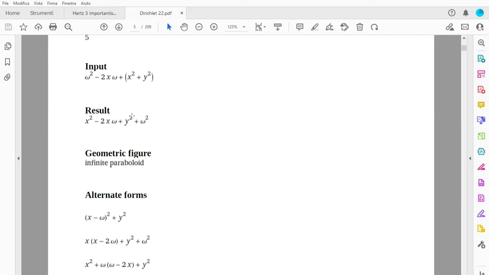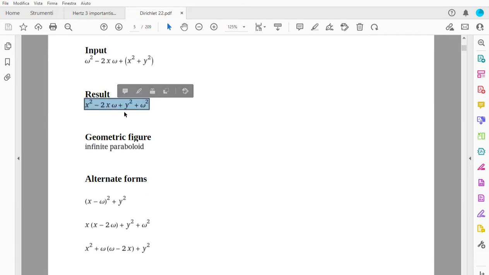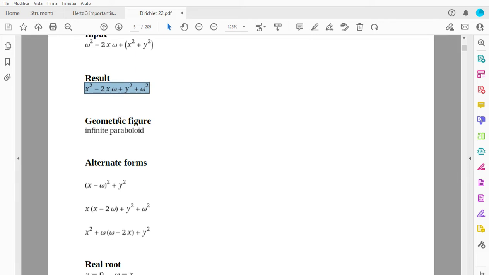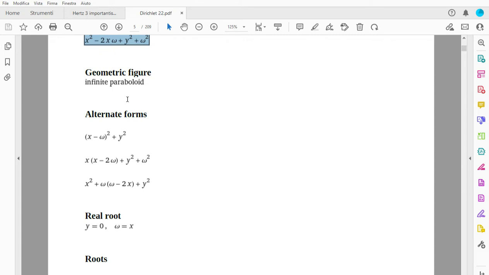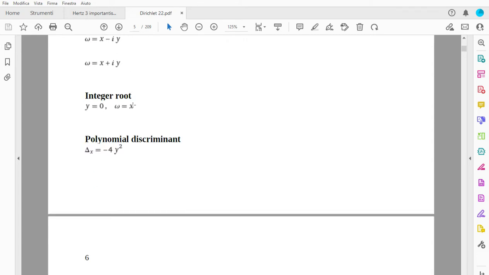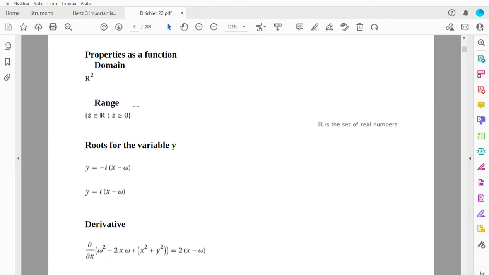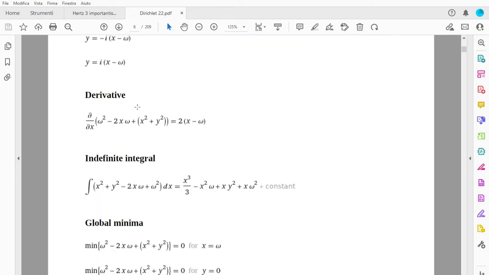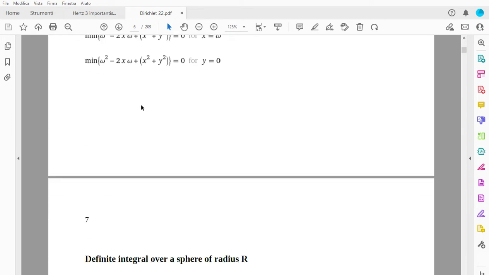This is the input, this is the result. The mathematical program Wolfram Alpha considers the geometric figure, the infinite paraboloid. Also here we see the alternate form, the real root, the roots, and the study of the expression, and so on.